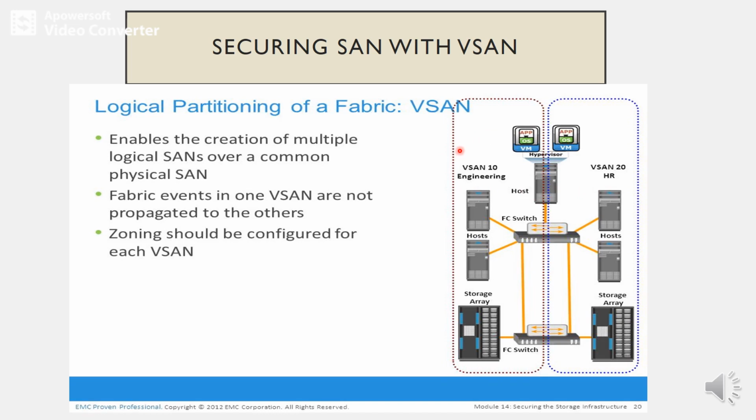This is how we can provide security with respect to SAN by considering the virtual SAN. Those virtual SANs are nothing but the creation of multiple logical SANs over a common physical SAN.